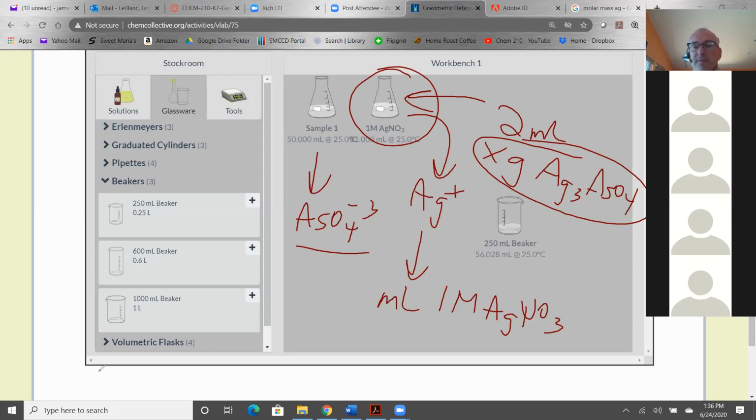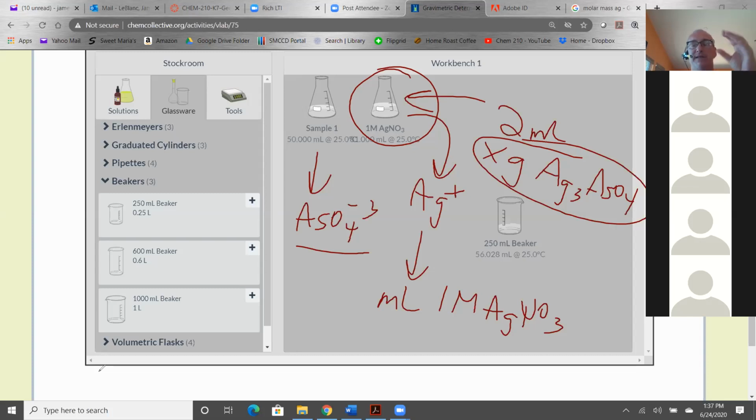The volume of the silver nitrate is how much you decide to add. That's where that volume comes from. For that column, we put in the volume where it's finally precipitated.